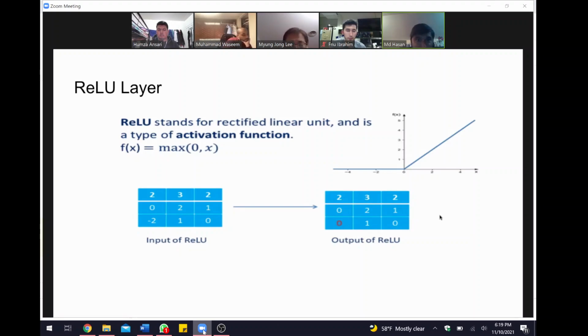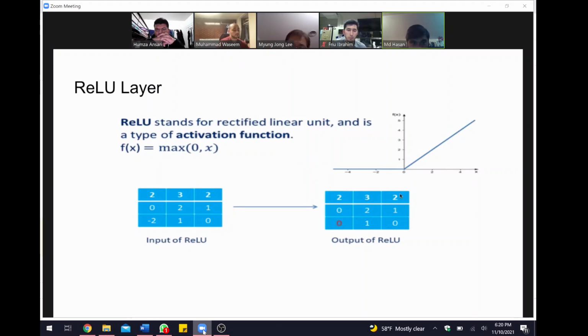The rule is that any number less than 0 becomes 0, and 0 and any number greater than 0 are retained the same. That's why only the -2 becomes 0.